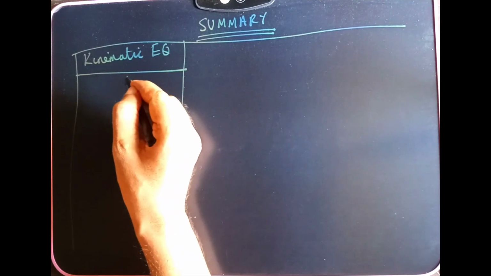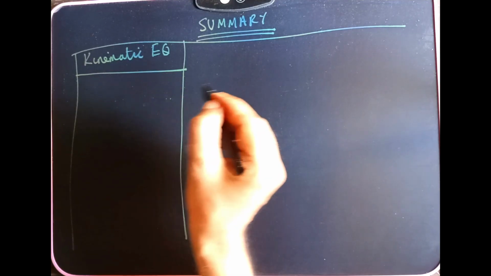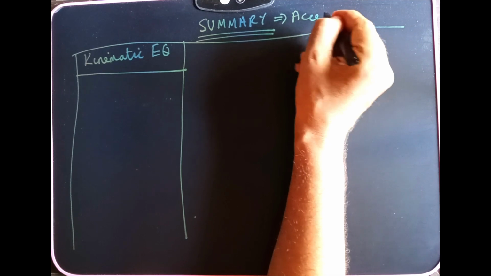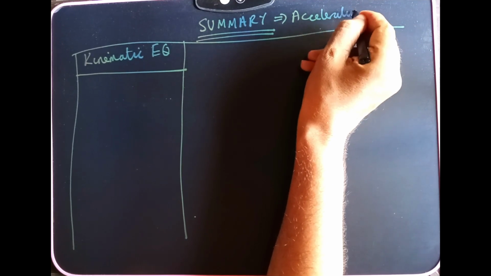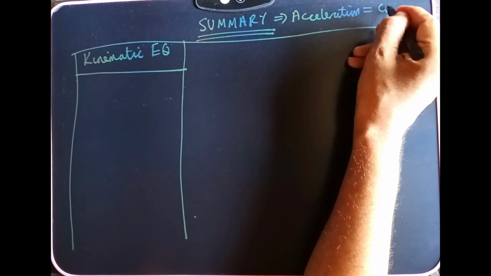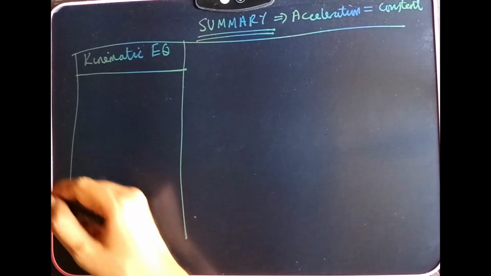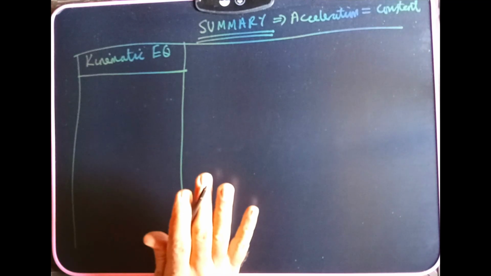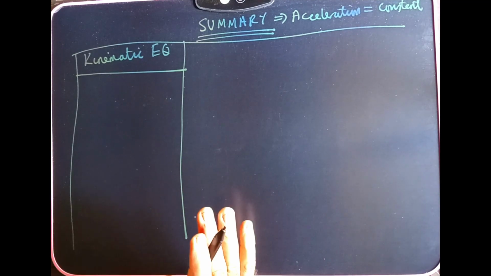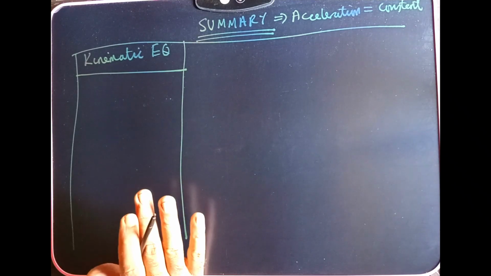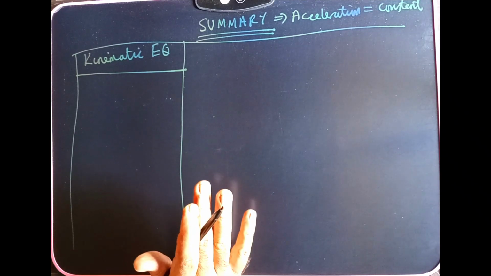Remember that these kinematic equations hold good when acceleration is constant. If acceleration is not constant, then these kinematic equations will not hold good. Not in all cases, we have to evaluate the cases, but in most cases, they will hold good only when acceleration is constant.